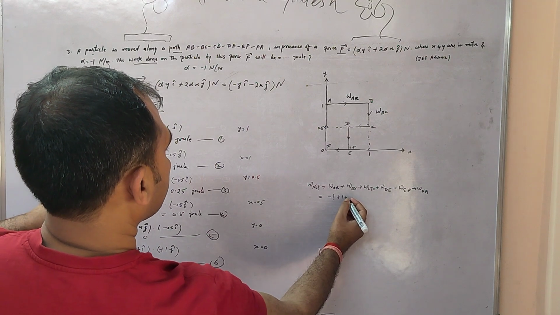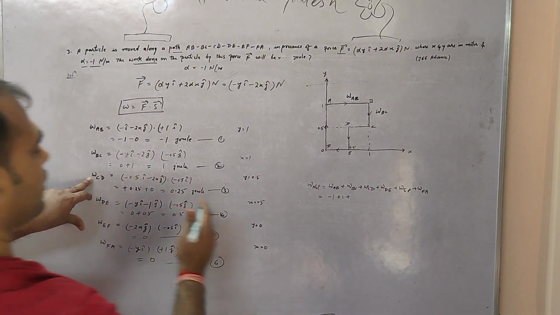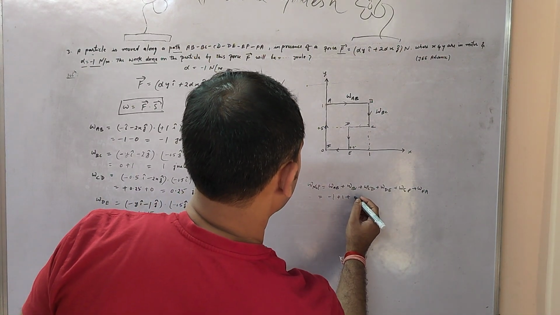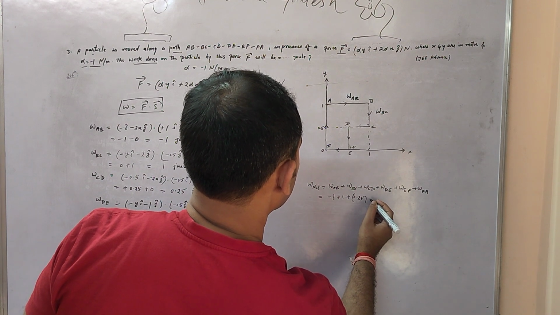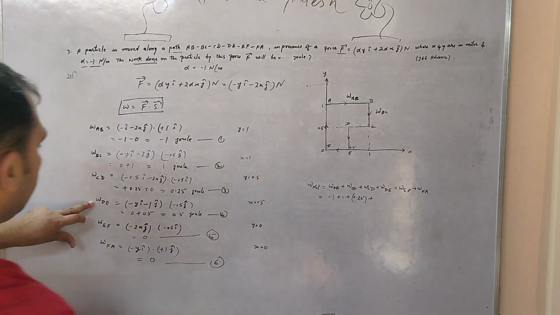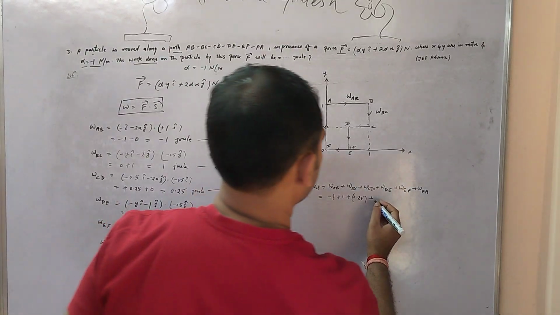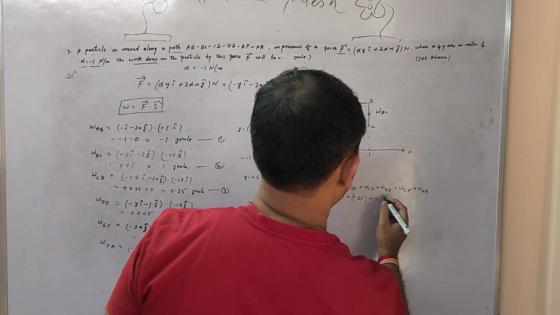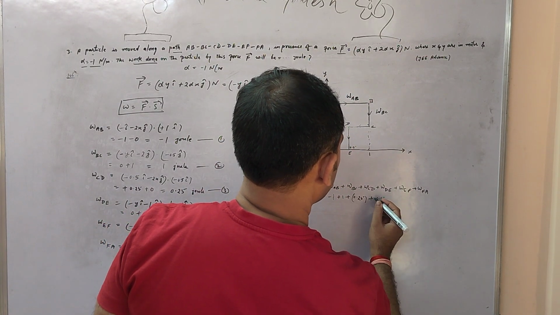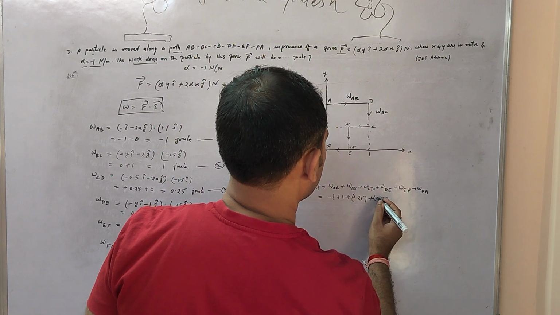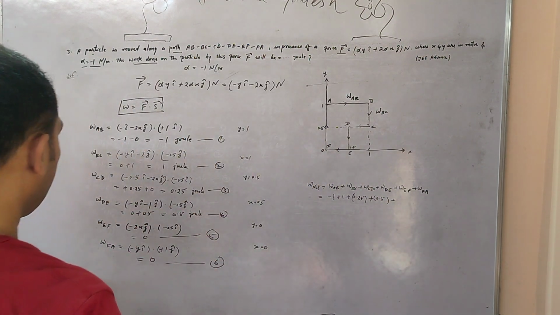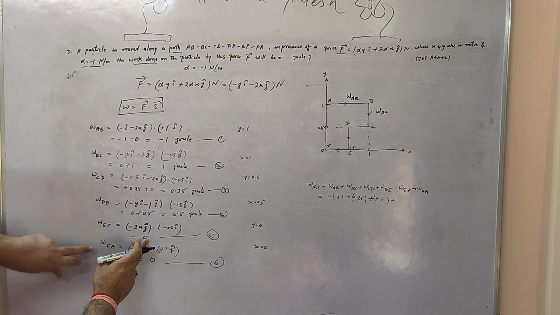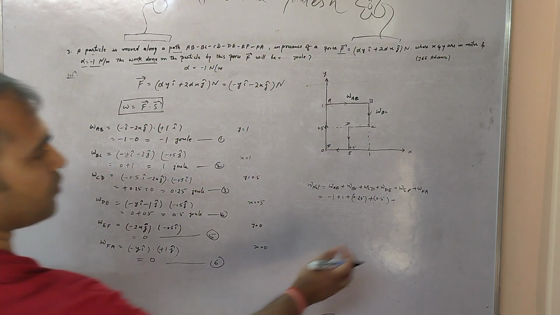WCD, equation number 3, plus 0.25. WDE, plus 0.5. Plus WEF is 0 and WFA is also 0.